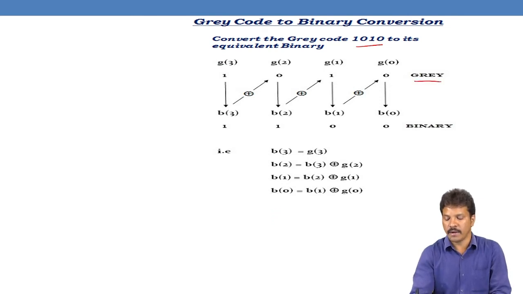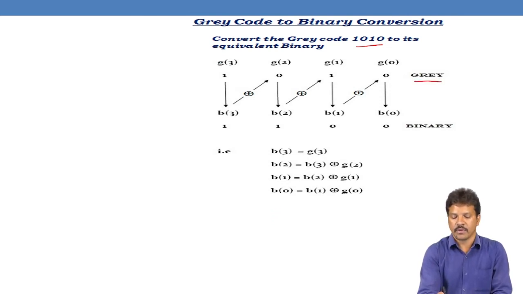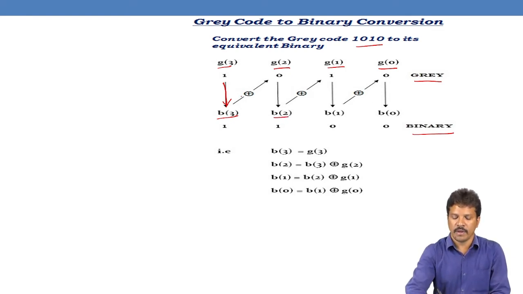Take the gray code number with coefficients G3, G2, G1, G0. And how do we get the binary number? B3: take the G3 number as it is. B2 is obtained from B3 XOR G2, the next bit of the gray code.